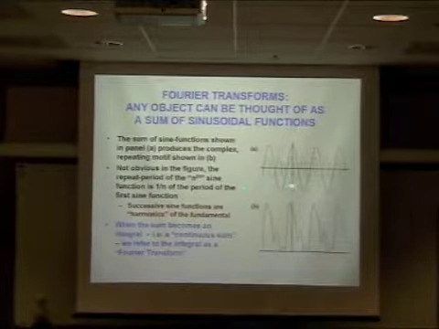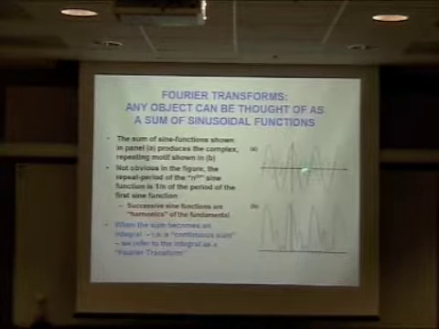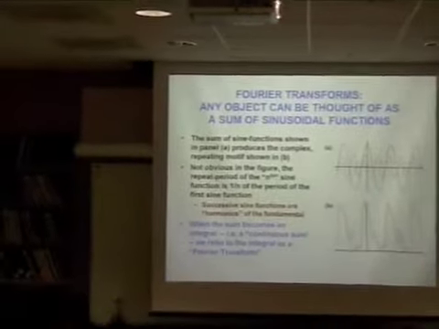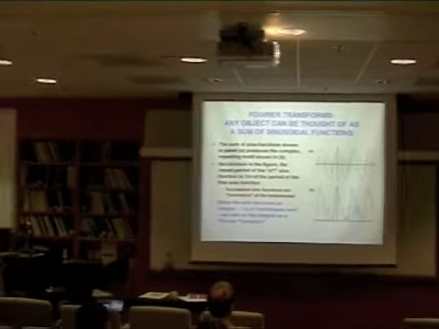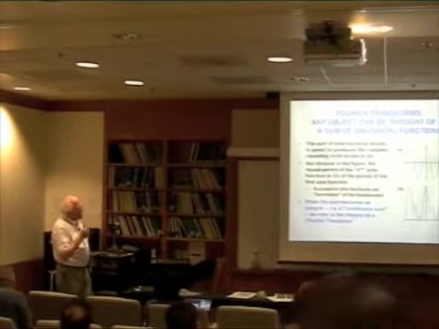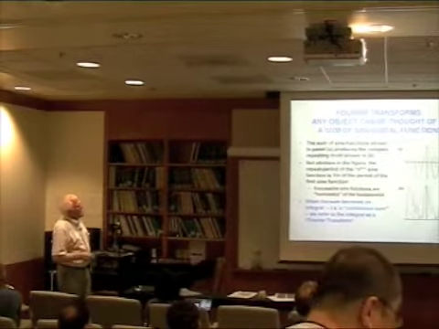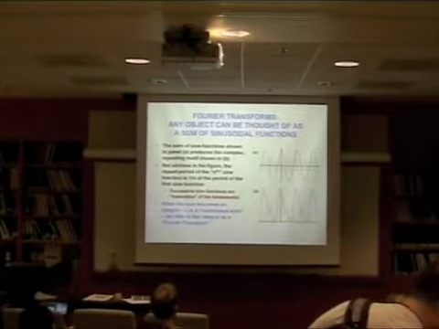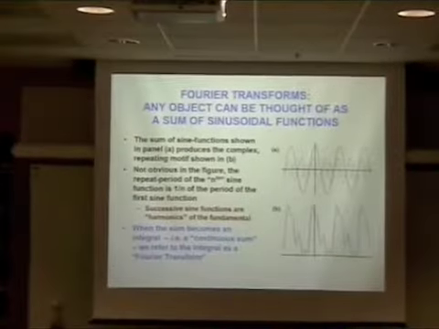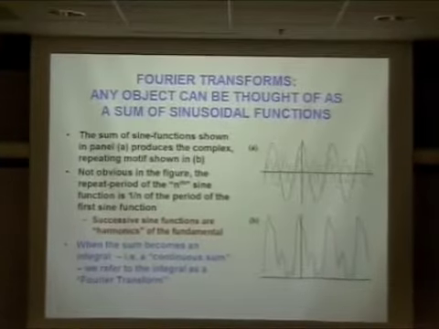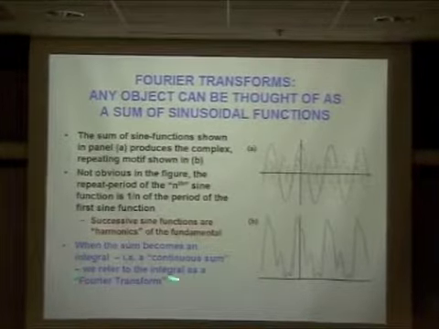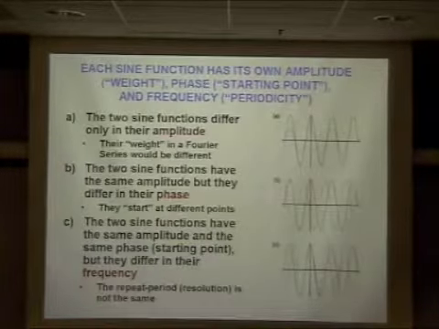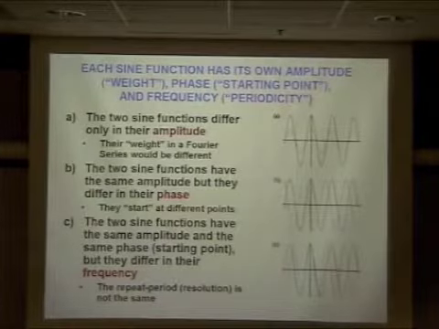And as we transition from this simple case of just three terms, we go to 4, 5, 6, n, a very large number, and the increment of frequency, the increase in frequency of oscillation, comes closer and closer, we will go over from just a sum to a continuous sum, an integral. And this integral, which is nothing but a sum of the sine terms, that integral is the Fourier transform. And very basic things.